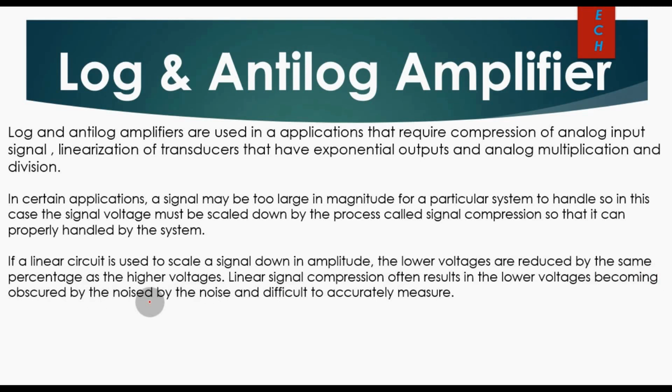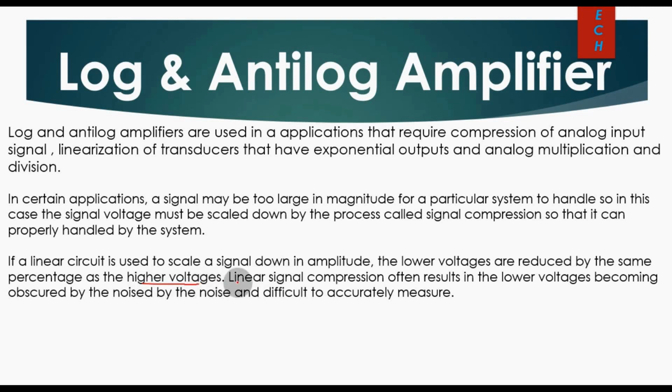So why don't we use linear circuit, and why do we go for log and anti-log amplifier? This is the exact reason. If you use linear circuit, the amplitude will be reduced by the same percentage as higher voltages. So this is the drawback of linear circuit, and that is the reason we use log and anti-log amplifier.